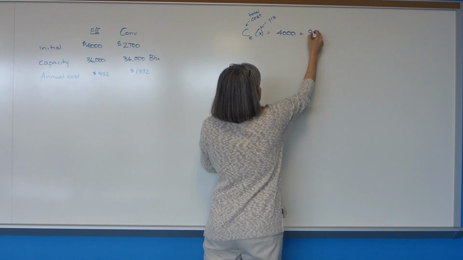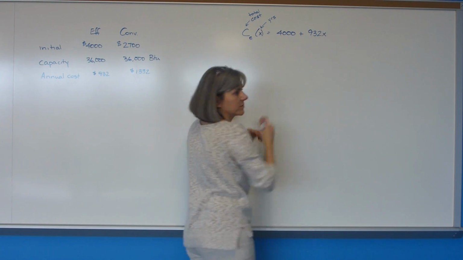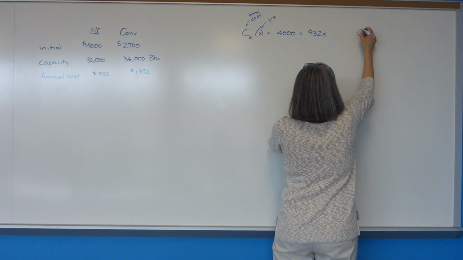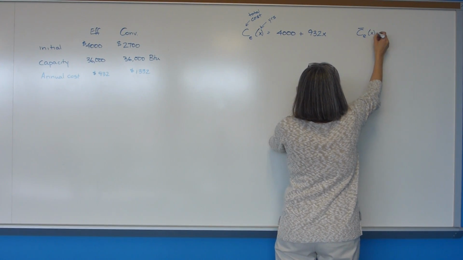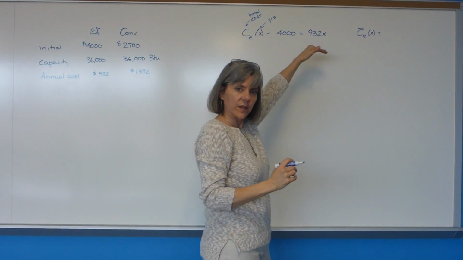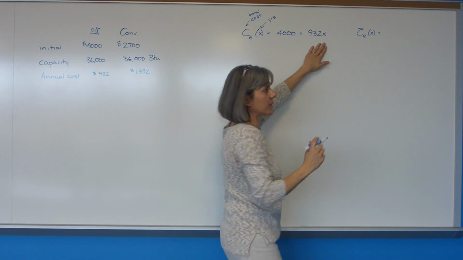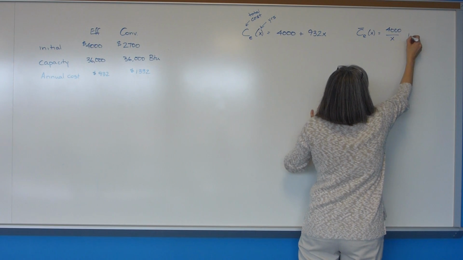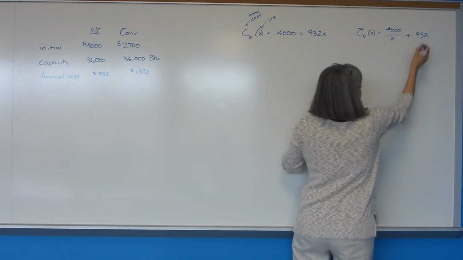So 4,000 plus 932X. And then we can find average cost by simply dividing that. Instead of dividing the whole thing by X, I'll divide this one and then this one separately. So I'll have 4,000 divided by X plus 932.